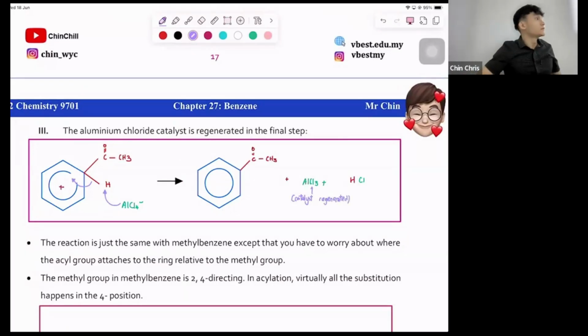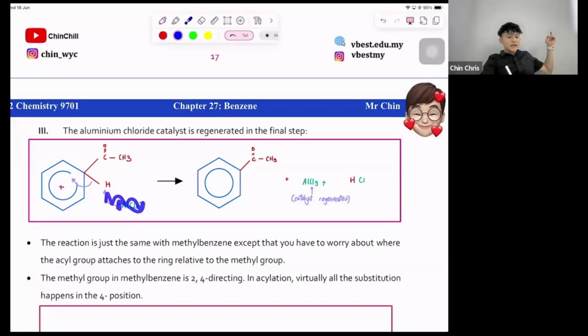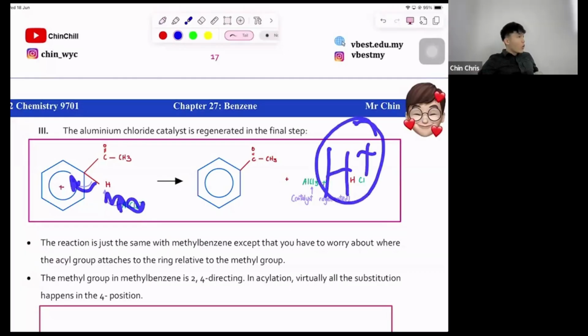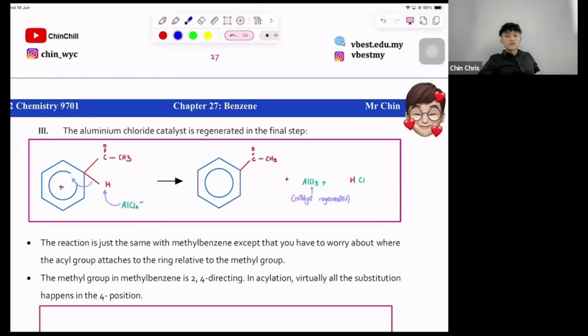Am I right? Understand? So guys, you can draw it with two different methods. In exam, it depends on what the exam questions want. Let's say if they want you to show the catalyst is reformed, then you draw it with your AlCl4 minus. If they never mention, you can just neglect this part, just draw an arrow, then this forms an H plus, also okay. It's not wrong. So it depends on what the examiner wants.